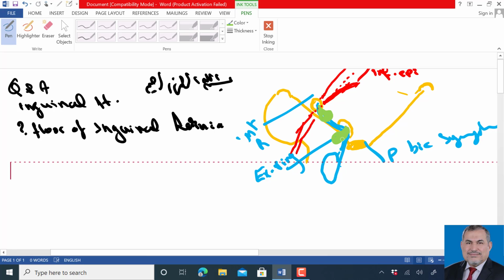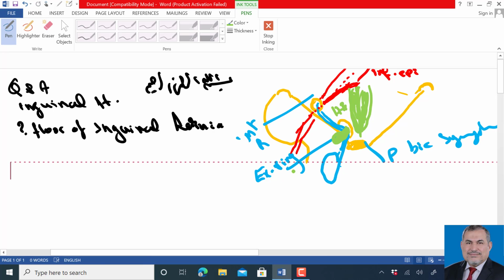This is the indirect, and this may become indirect and direct even. This is rectus abdominis muscle, and this is Hasselbalch triangle.